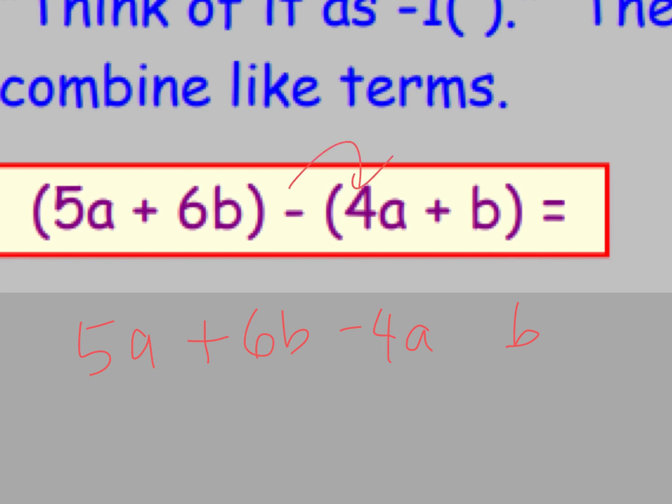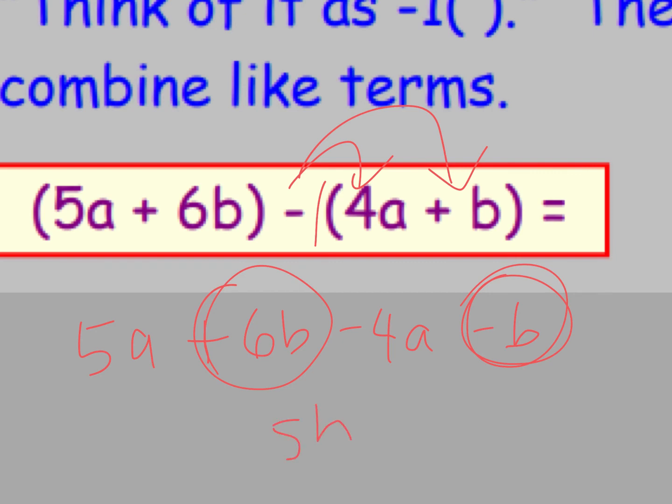Because that negative is really a negative 1, and that should be negative b at the end. And now the negative b and the 6b can go together, and that would be 5b. And the a's can go together, and 5a minus 4a is 1a. So a plus 5b.